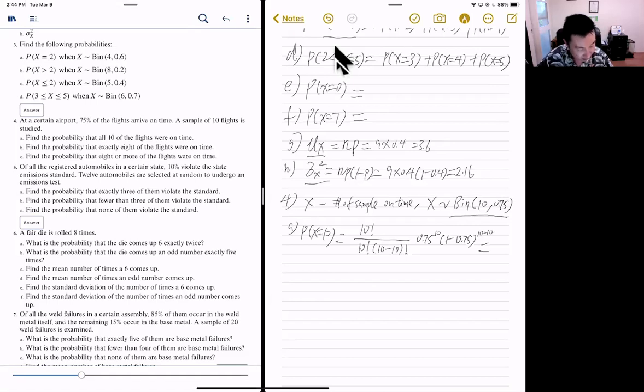So it turned out when all the 10 flights arrive on time, the probability is 0.0563. So around 5.6%, all the 10 flights will arrive on time. So very small chance.